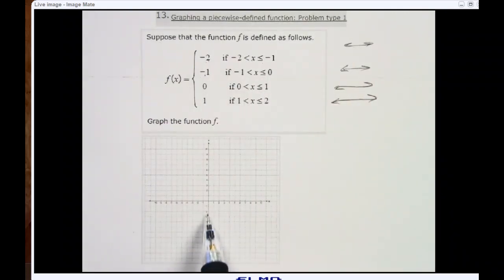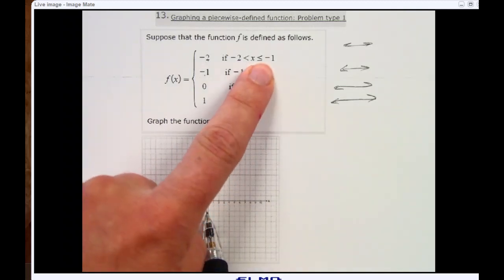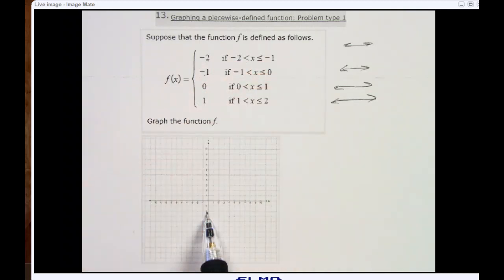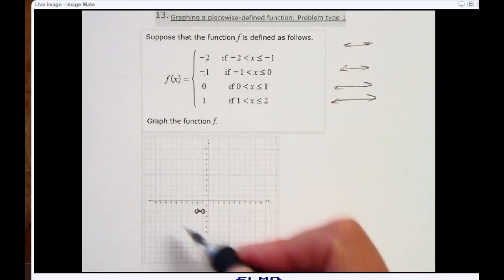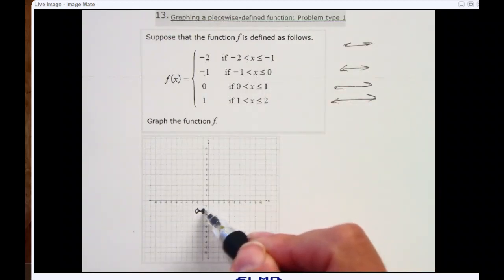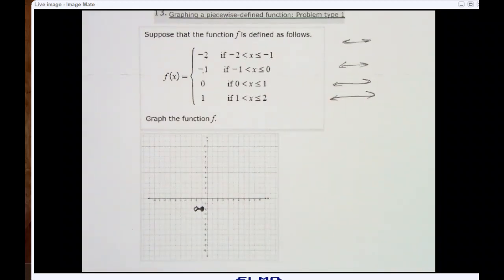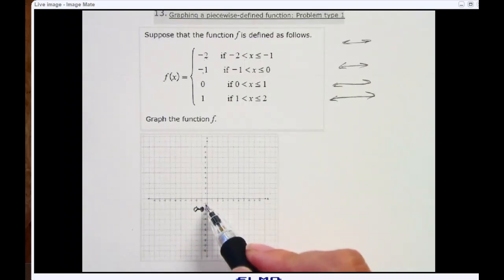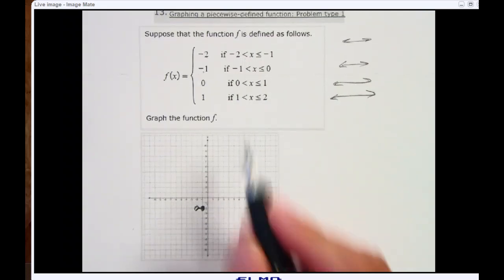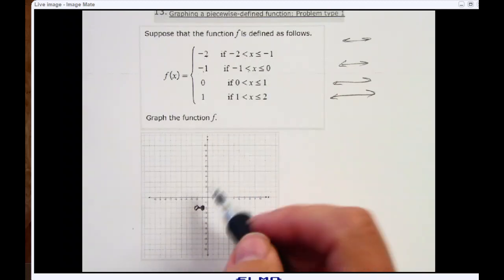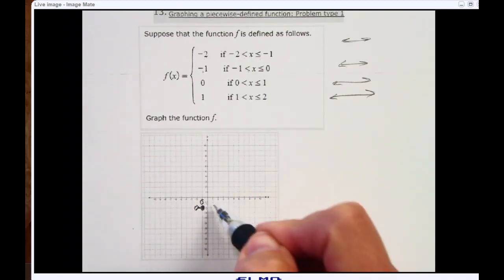Negative 2 is down here. But my x values, I'm in between what and what? -2 and -1, which would be here. And I did them both open just because I didn't check. The -1 one is closed. All right, the -1 is here, but I'm in between what? -1 and 0.